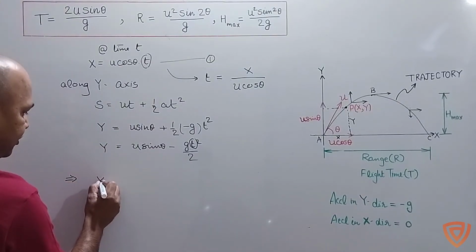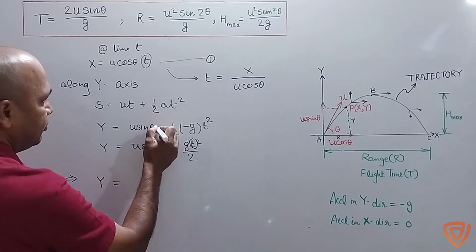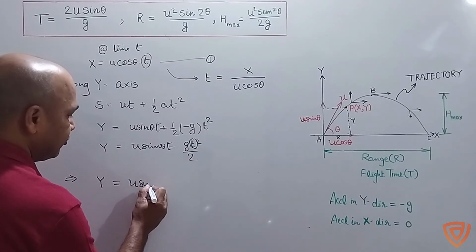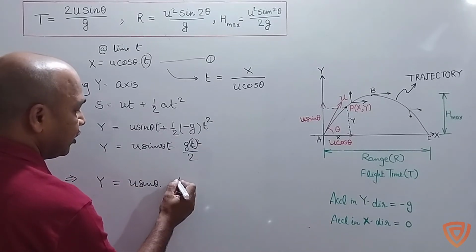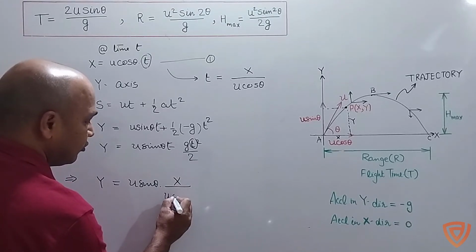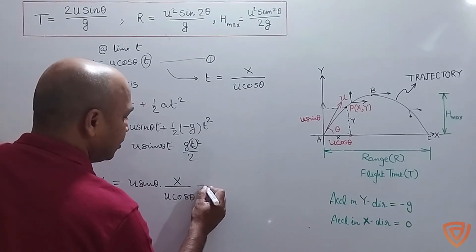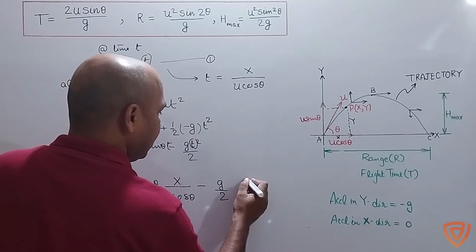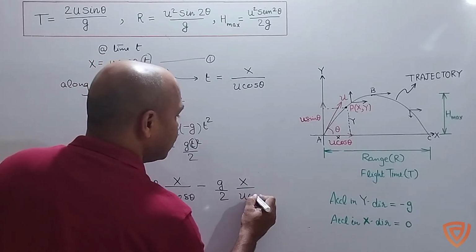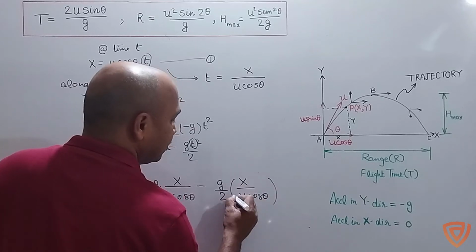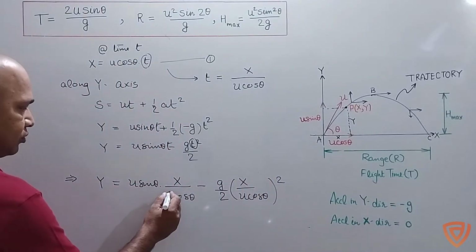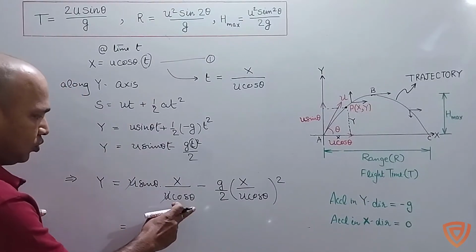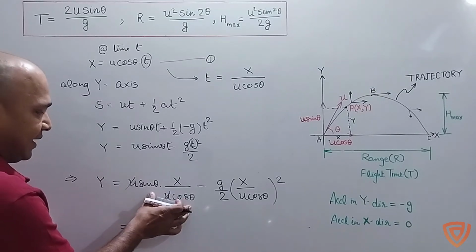So what do we get? y is equal to u sin theta into x over u cos theta, minus g by 2 into x over u cos theta, whole square. u gets cancelled out. Now we have sin theta over cos theta, that is tan theta.